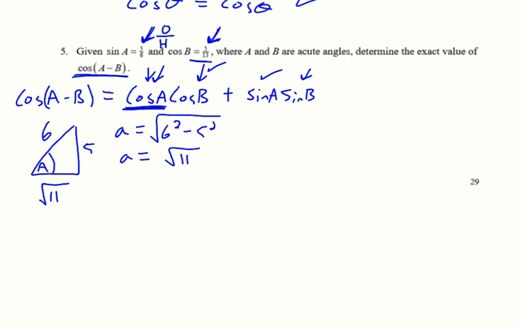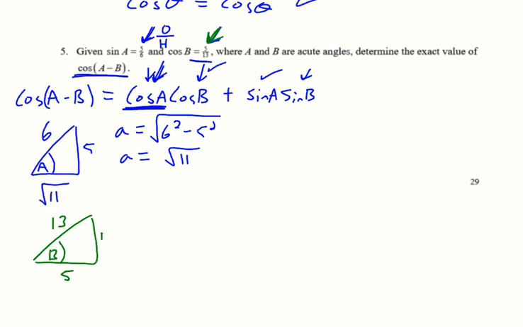Now I'm going to be able to write in the number for cos A when we get there. So that's that part of it. Now I need to look at the other triangle. Triangle B. Well, what do we know about triangle B? Cos is adjacent over hypotenuse, right? So this side was 5, and this side was 13.